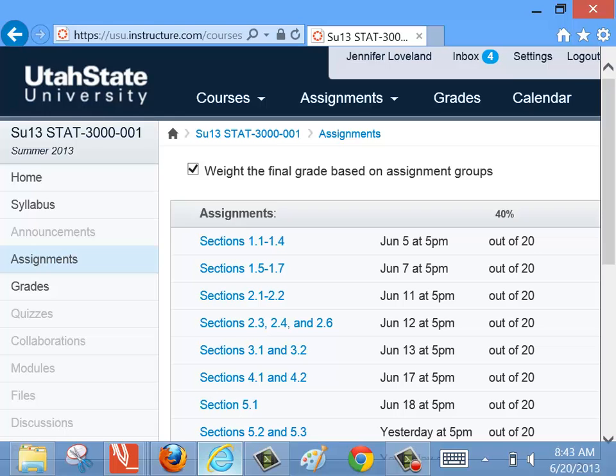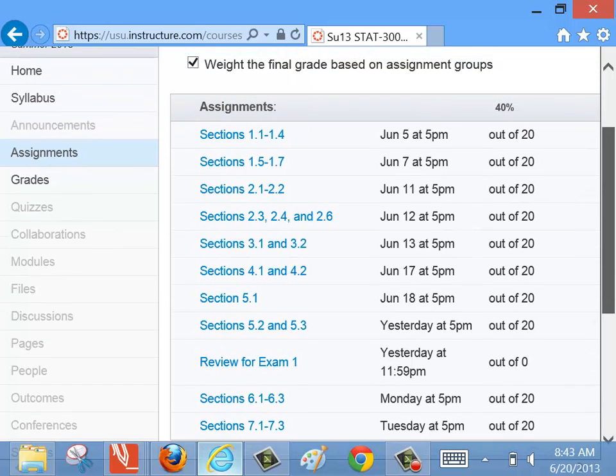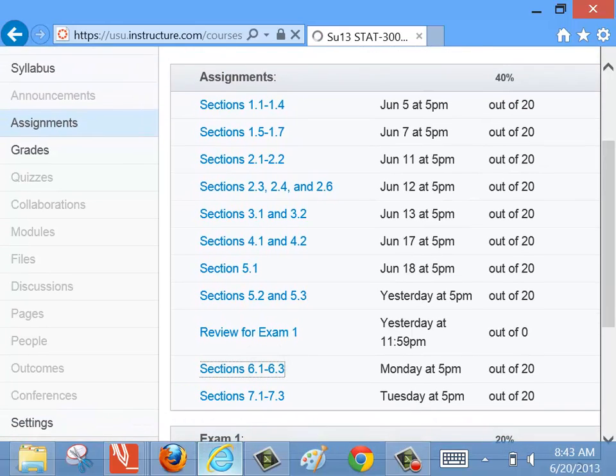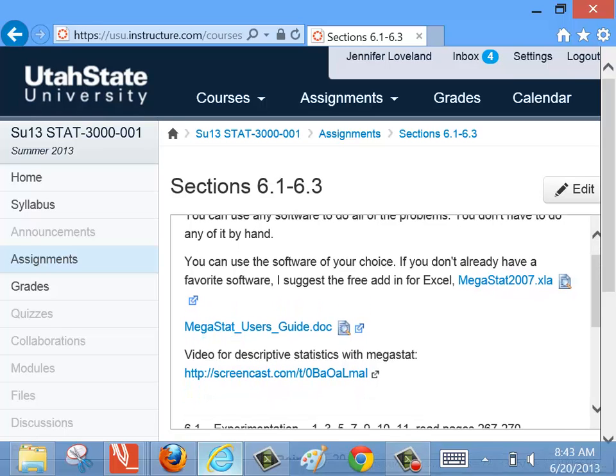So if you go to your Canvas page, I put it in 2 places. If you go to this homework, you'll notice that I put up here something called Megastat. You are welcome to use any software. There are quite a few different free ones out there that you could use.